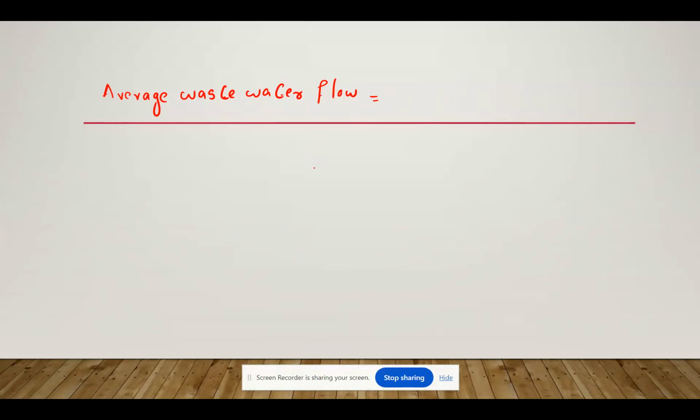So what is the average consumption of water? Average consumption of water is 200 LPCD, right? Then you know the amount of water going into the sewage. It is mentioned that 80 percentage of the consumed water is going into the sewage, right? So how do you calculate? You multiply this LPCD value by 0.8.